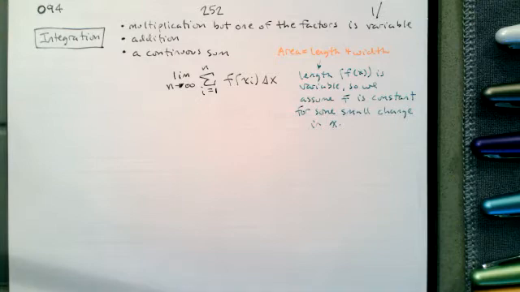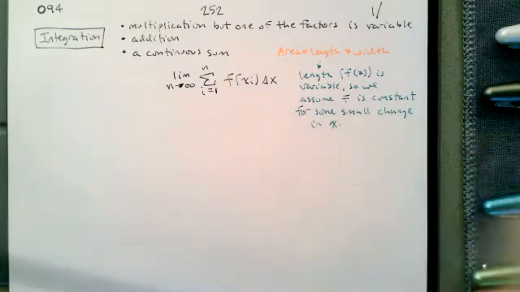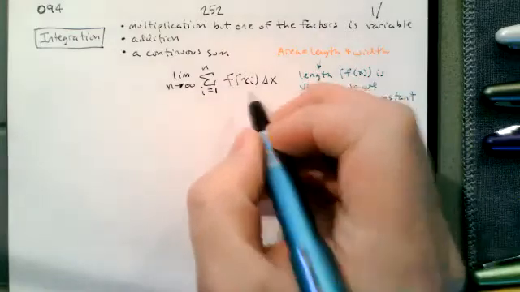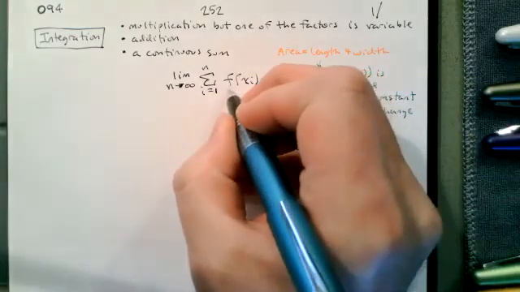Now that we can use multiplication, since we're assuming that the length is constant, and then we have to add up all of the rectangles. Once length is constant, we can use multiplication to get the area.